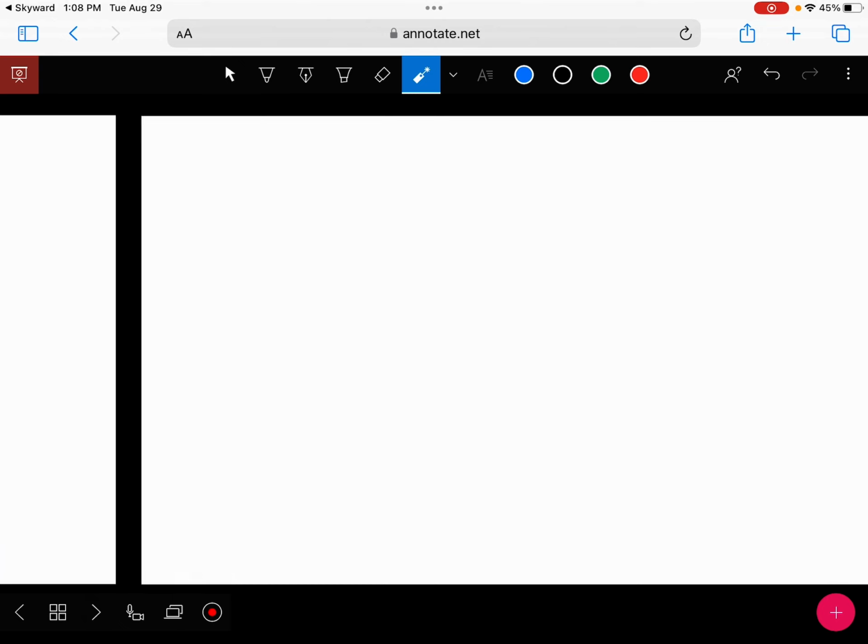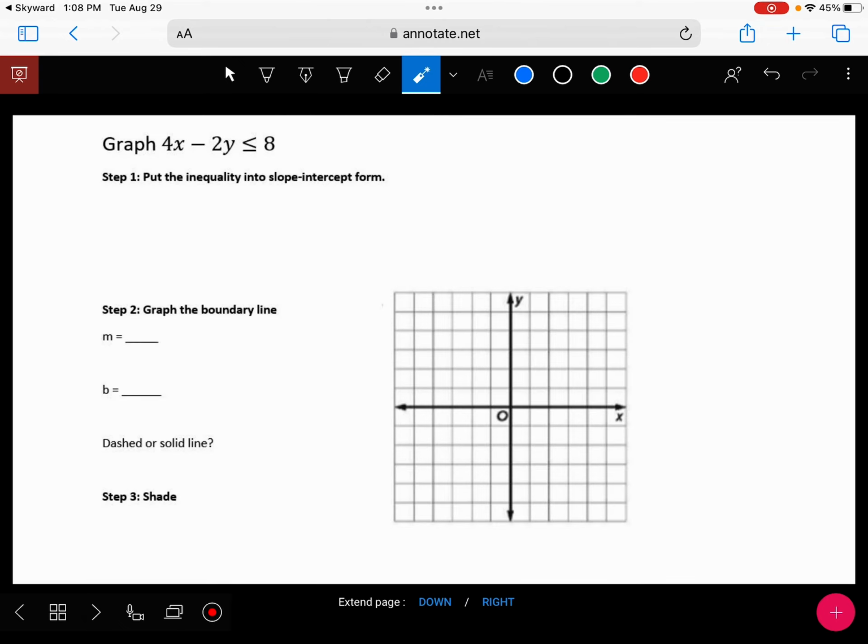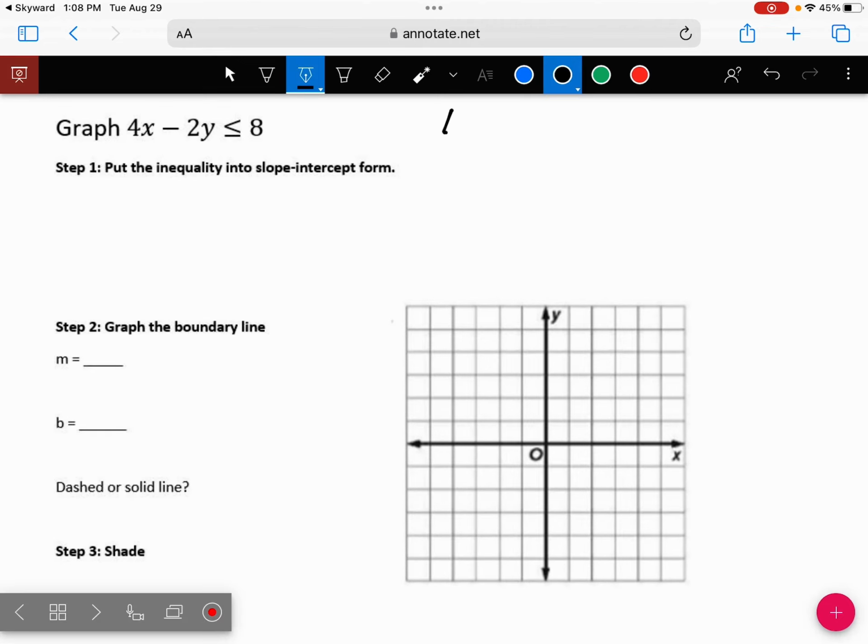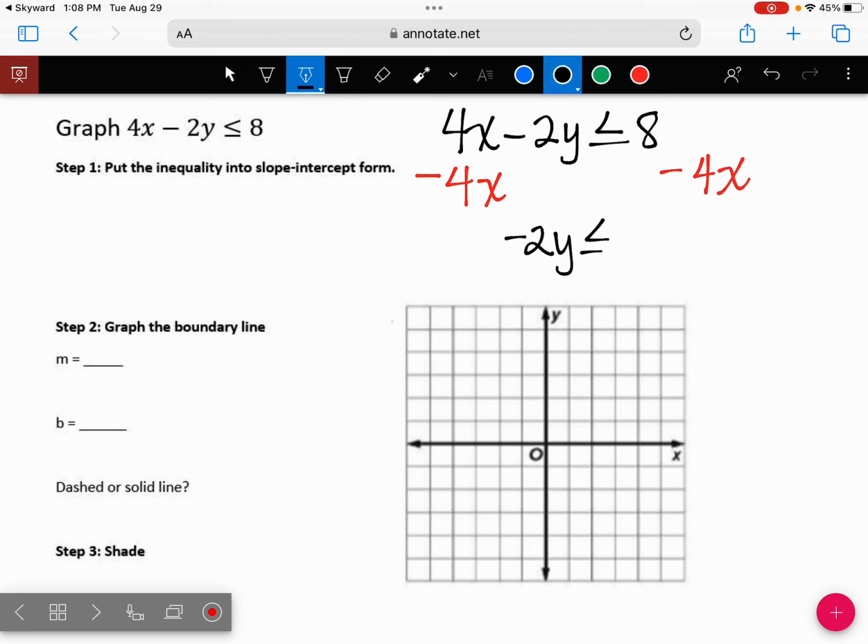All right, and then our last one here. Let's go ahead and solve this for x. So we have to do some work. This is not ready to graph yet. So the first thing I'm going to do is subtract 4x. And then to get rid of that -2, we're going to divide every single number by negative.